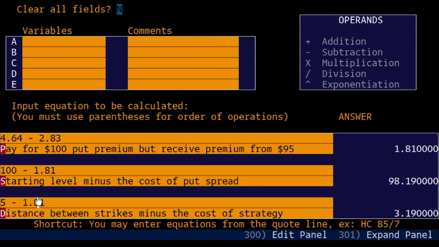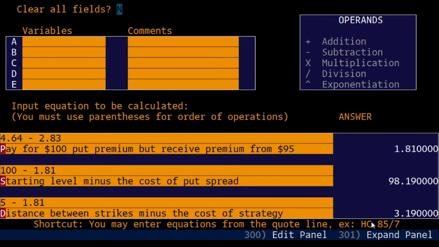What's the maximum profit of the strategy? Well, the 100 strike put can work all the way down to the level of 95, and then it stops working because I've sold a put. So in other words, the distance between the puts is $5. So I have $5 working in my favor, but it cost me 1.81 to put the strategy on.